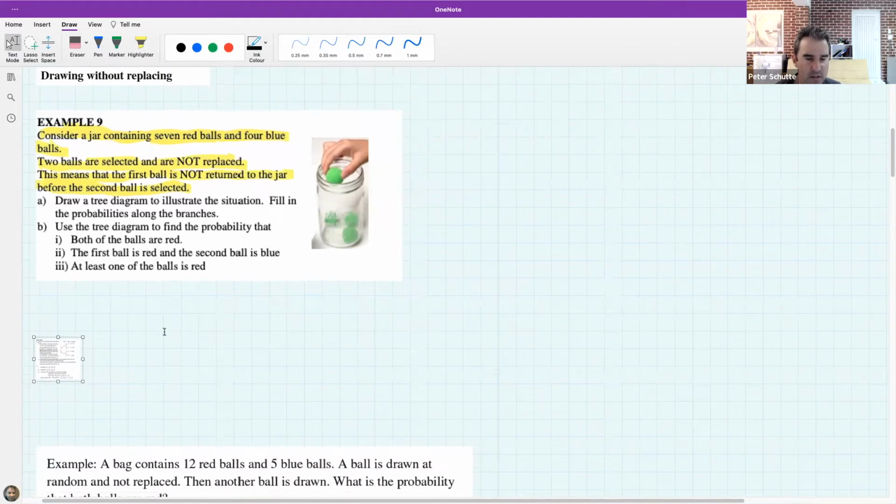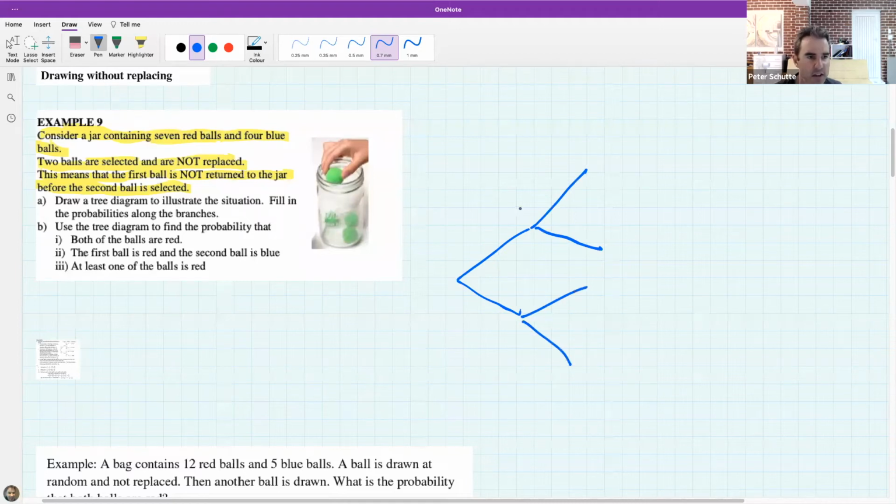So what is happening in this question is we're still drawing 2 balls. So I think the tree diagram can still be like this, right? There's only 2 different colors: red and blue, and red and blue. So this part of the tree diagram will not change.